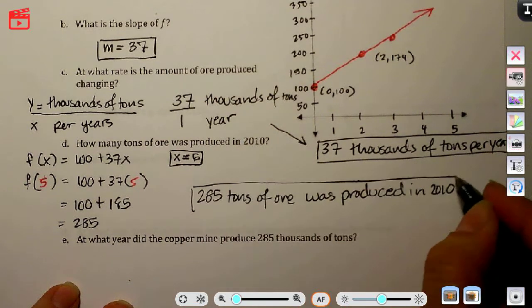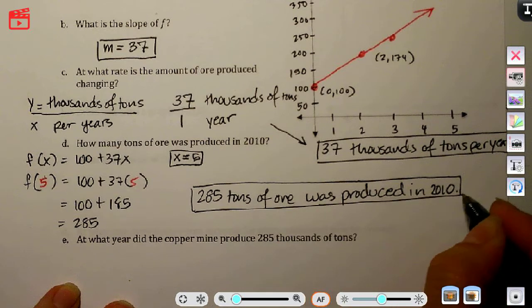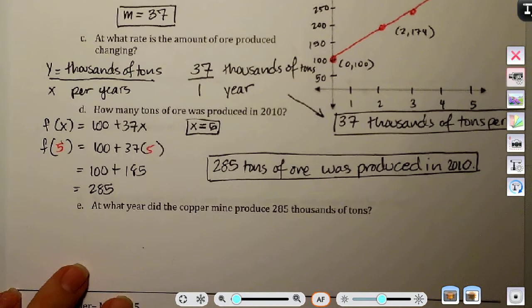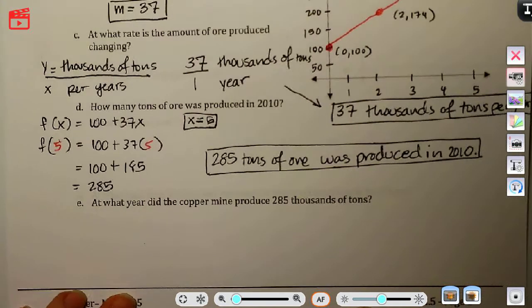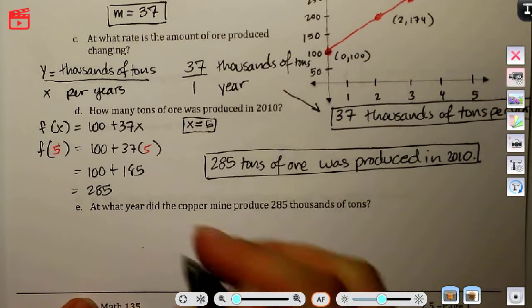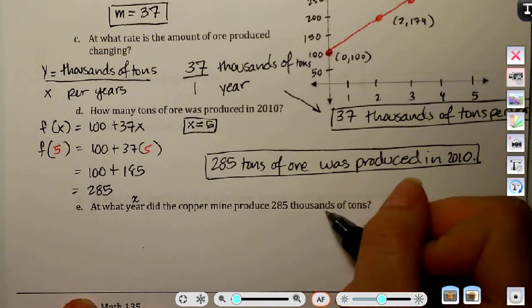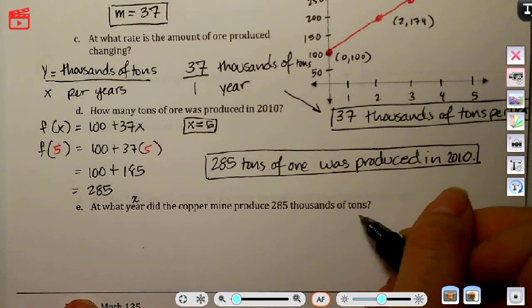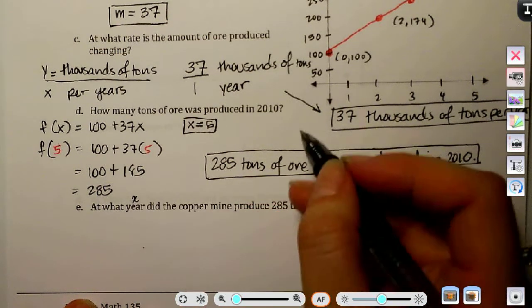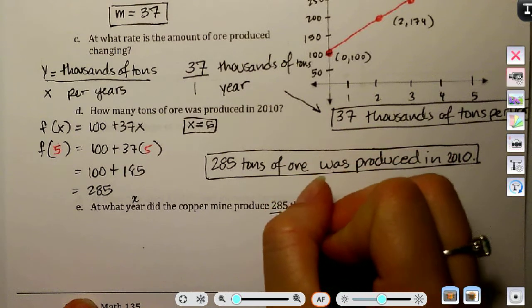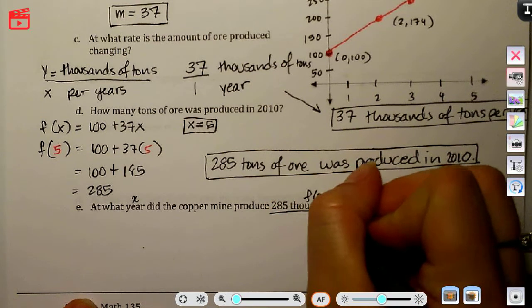And one last problem for this, and I think that is the end of this section. Last problem. At what year, okay, now we're looking at year, that's going to be our x values. At what year did the copper mine produce 285 thousands of tons? So we're trying to find the x value, and we're given the f of x value.